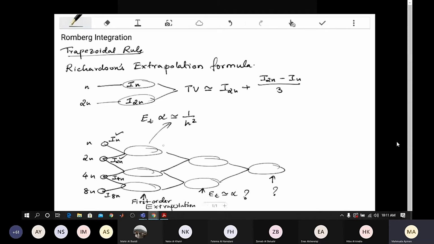Also, I'd like to say that for the Richardson's extrapolation, you know that the formula is I_2n plus (I_2n minus I_n) divided by 3. But for this one here and this one here, the formulas will not be the same. It will be different. So we have to derive these formulas here.